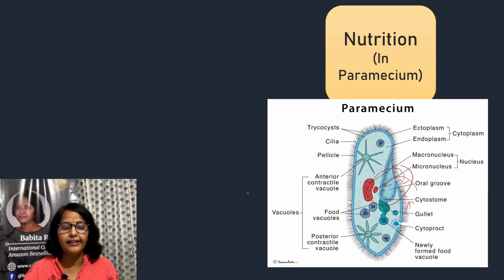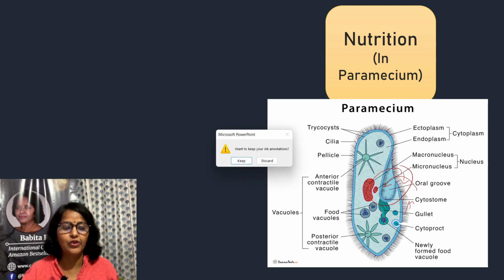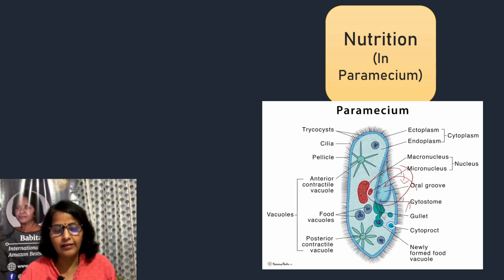After it enters inside the body, this is the food vacuole where digestive enzymes will be received, and digestion begins. The food vacuole will start giving the digested food to the cell, and it moves in this way.